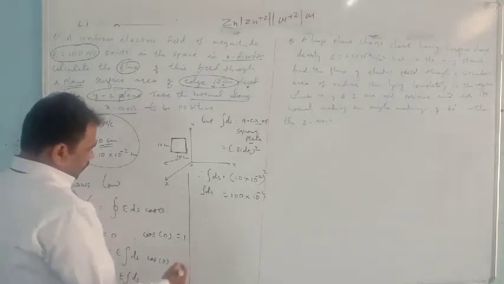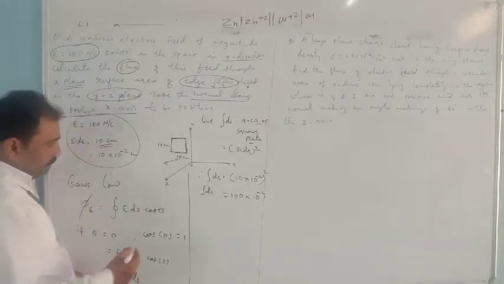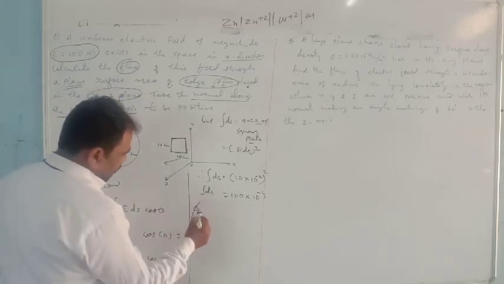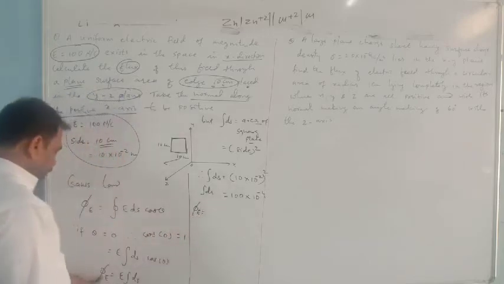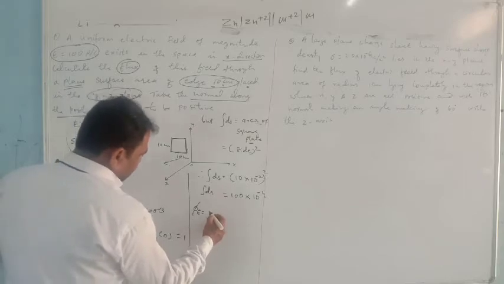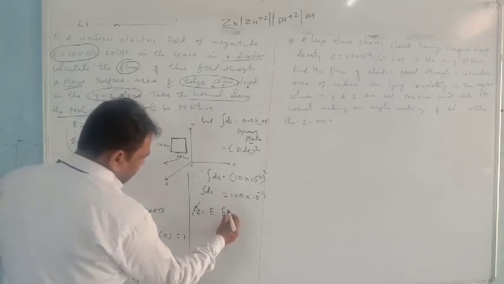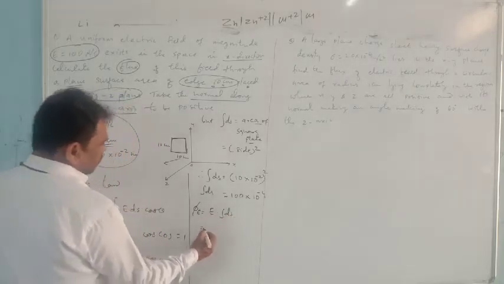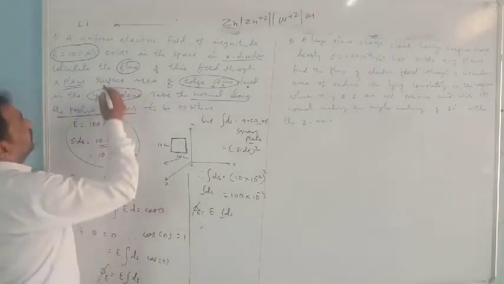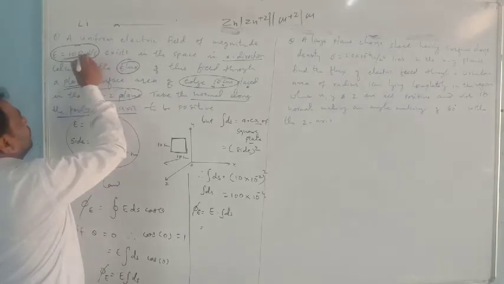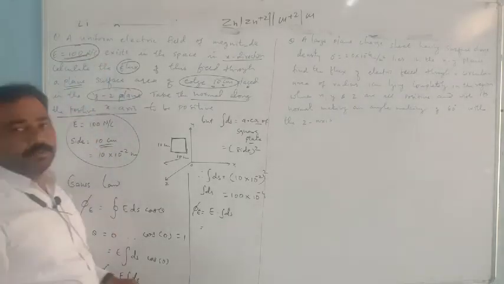Now our formula to calculate electric flux, phi E, is exactly equal to electric intensity E into the integration of ds. What is the electric field intensity? It is given as 100 Newton per Coulomb.